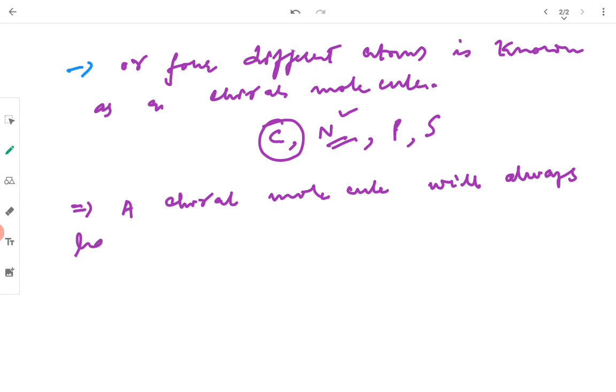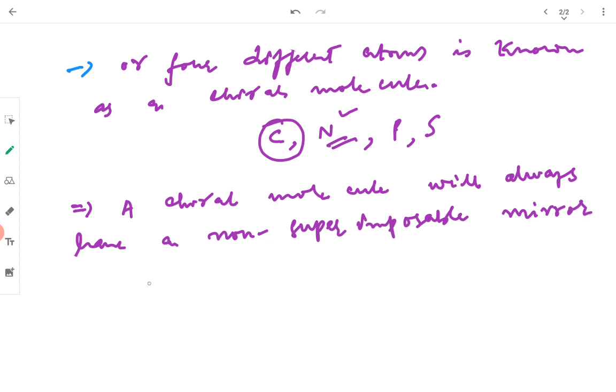A chiral molecule will always have a non-superimposable mirror image.